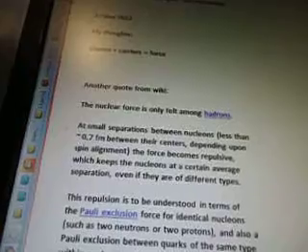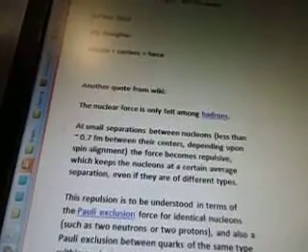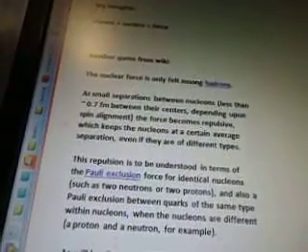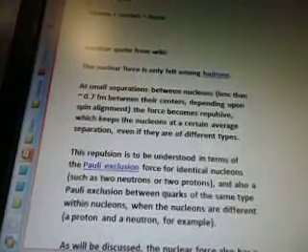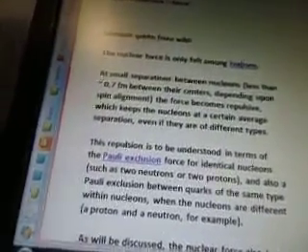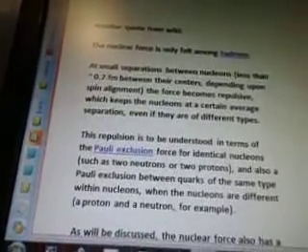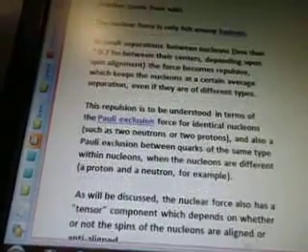Another quote from Wiki: the nuclear force is only felt among hadrons. At small separations between nucleons, less than 0.7 fm between their centers, depending upon spin alignment, the force becomes repulsive, which keeps the nucleons at a certain average separation even if they are of different types.